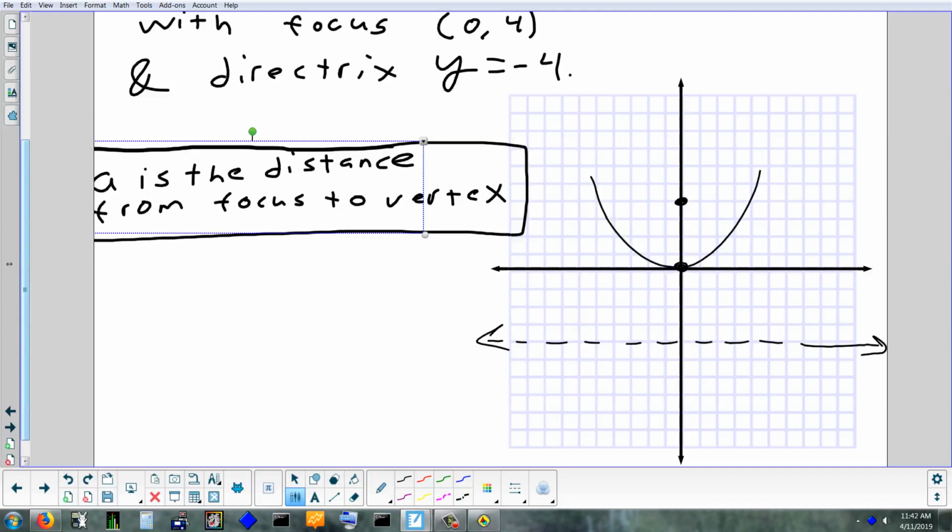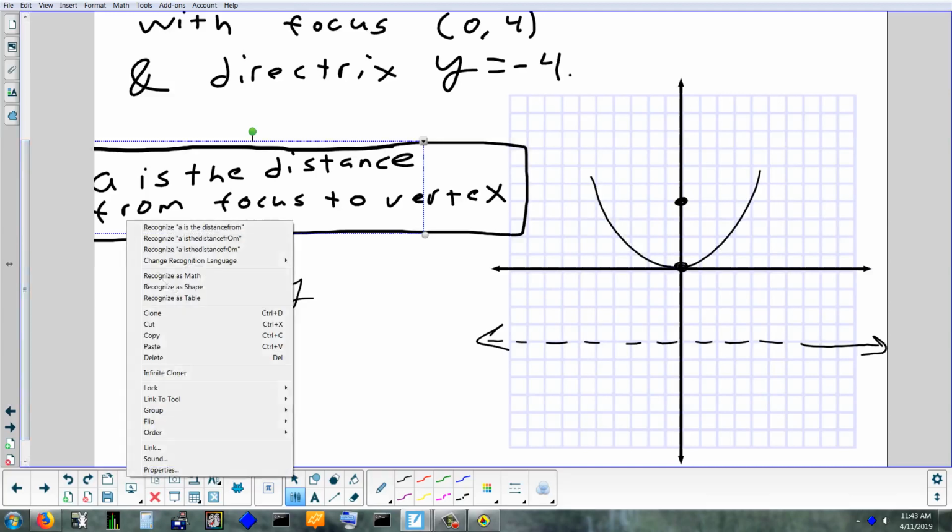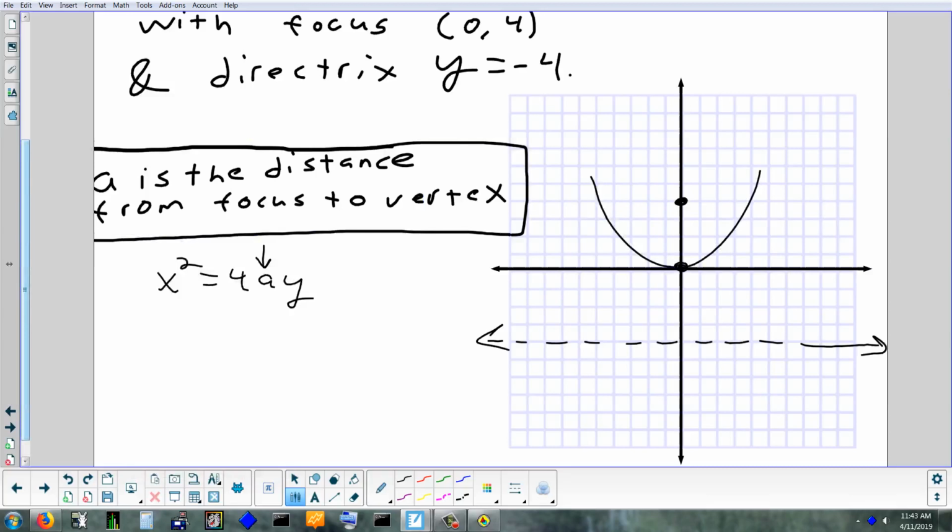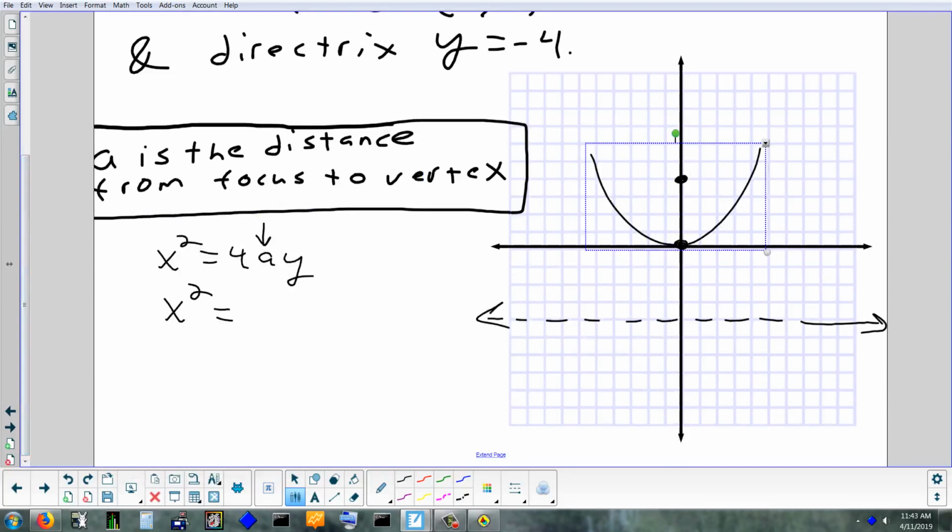Okay. What's your equation for a parabola opening up? x squared equals 4ay. Now, just tell me what a is based on that definition. a is 4, the distance from focus to vertex. So x squared would equal 16y.